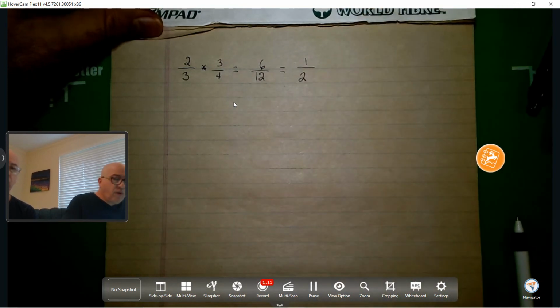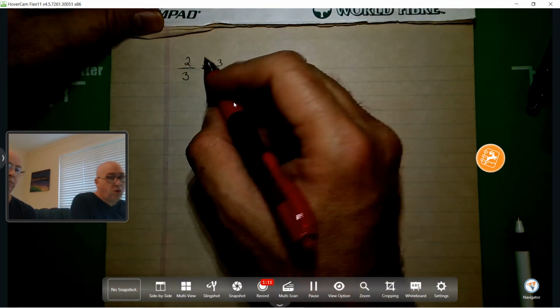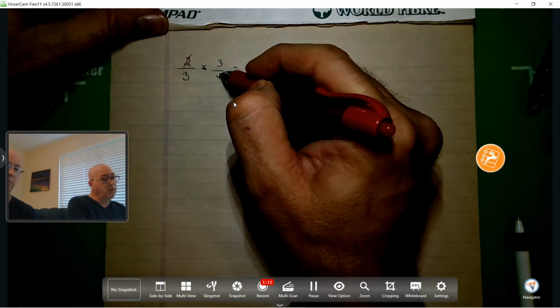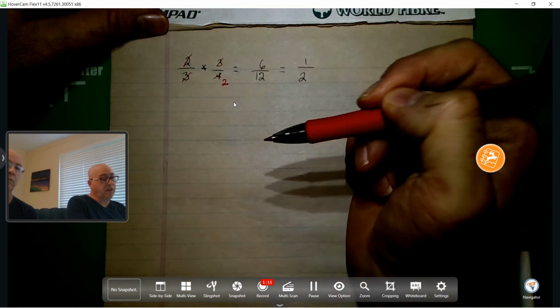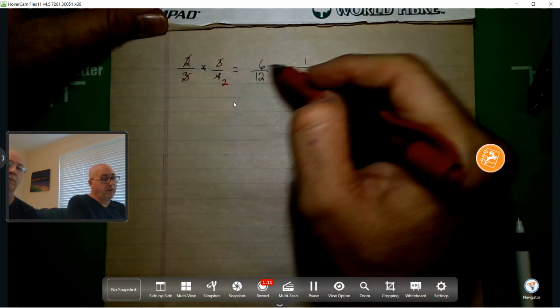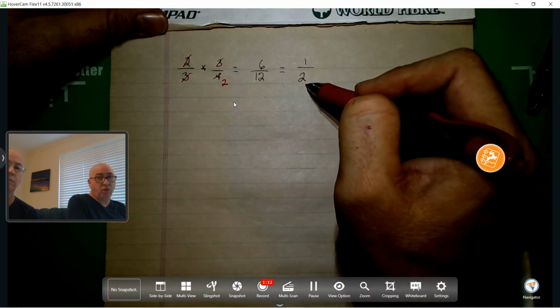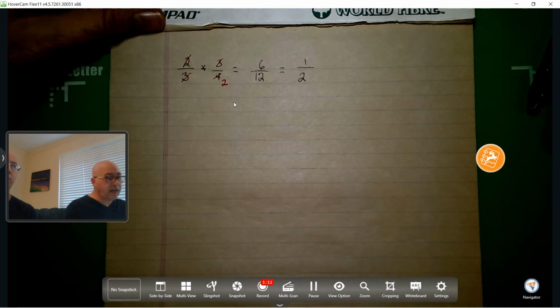But do y'all recall doing some cross-canceling when y'all first saw fractions? You do something like this. 2 goes into 4 2 times, and then you could cancel the 3's, and what would you be left with? Just a 1 on top and a 2 on the bottom. So with fraction multiplication, you can cross-cancel.